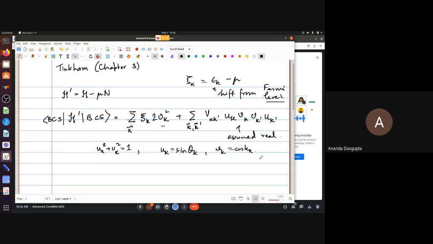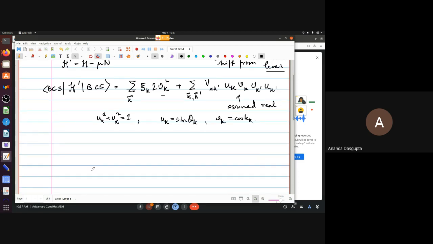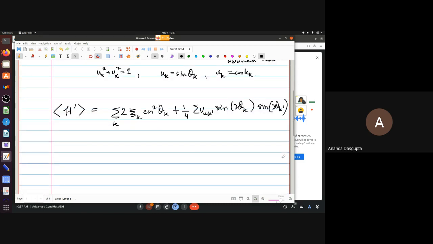And basically, this expectation value of H prime in the BCS state then became sum over k, xi k cos square, one-fourth bkk prime, and trying to optimize this with respect to the theta k gave rise to the following equation.